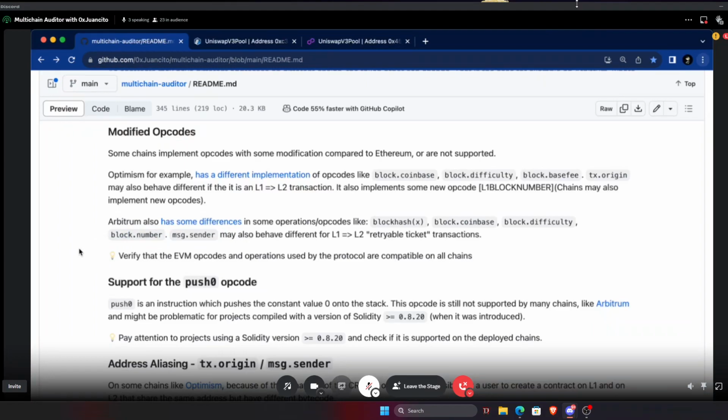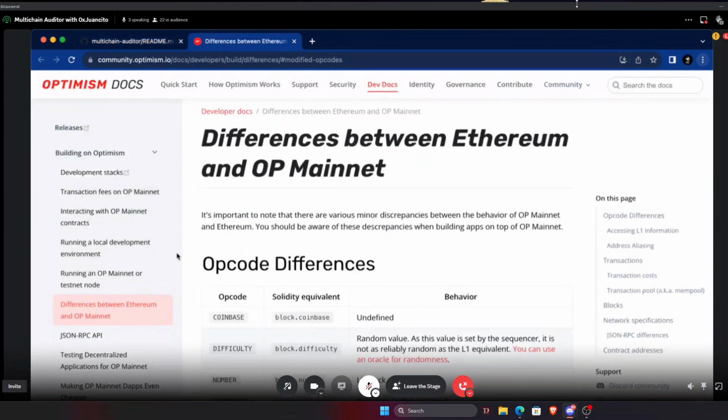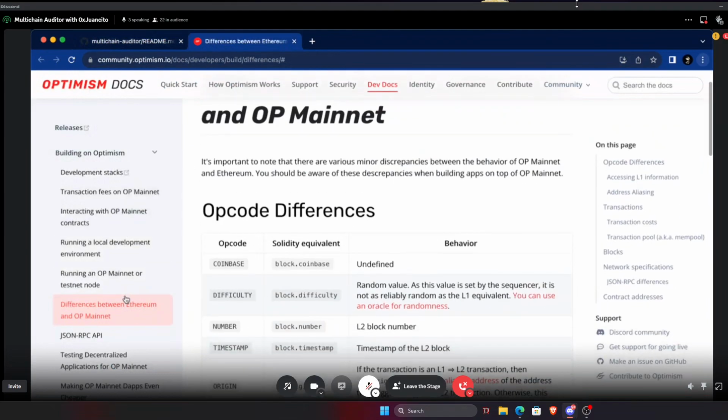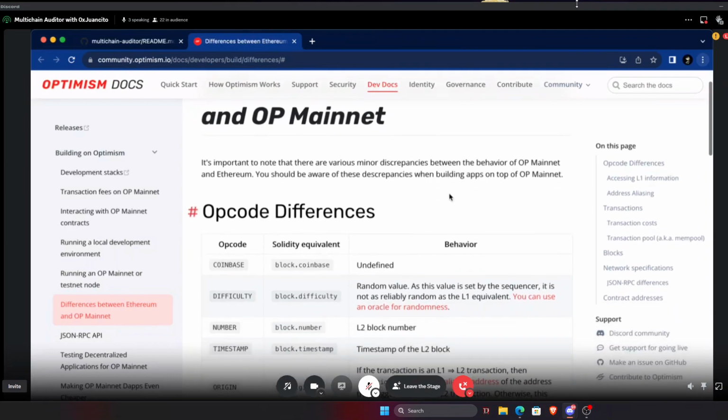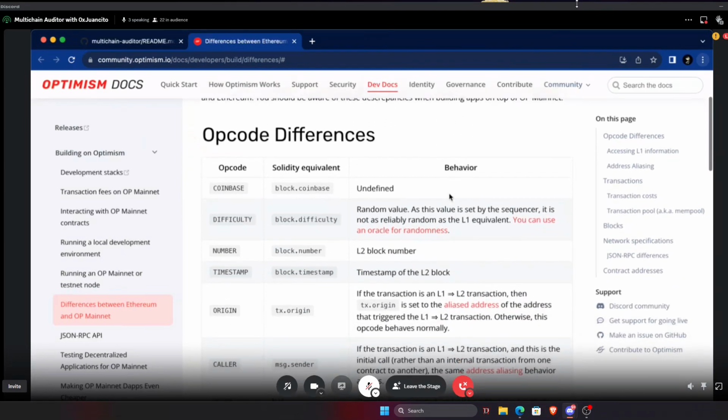Each chain might have a lot of different opcodes, or they might have more opcodes, they might have fewer opcodes than on Ethereum, and they might have the same opcodes that behave differently. So, for example, in Optimism and in other chains, you can check the differences. This is from the previous version of Optimism, not Bedrock, but for the case, it's the same.